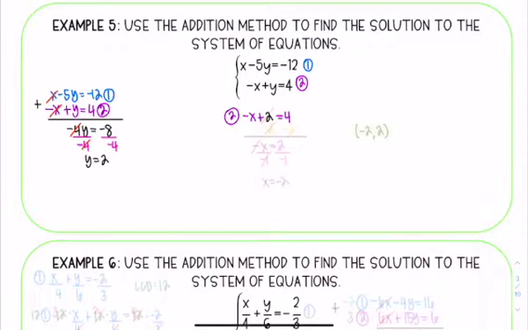Well, when I subtract 2 from both sides, we end up with negative x equals 2, and dividing by negative 1, we get x equals negative 2.